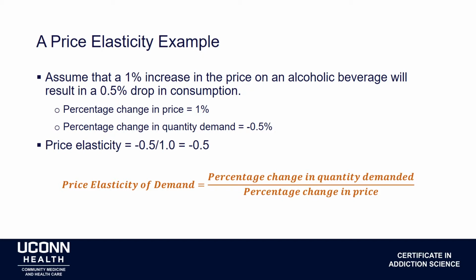Theoretically, it could be a positive number if you increased price, but in this case, it's a negative number. And when we plug it into the equation, again, it's relatively straightforward. It's simply negative 0.5 divided by 1, which gives us a price elasticity of negative 0.5. So in this hypothetical example, we would consider this alcoholic beverage to be price inelastic because we don't have a large change in consumption based on this increase in price.